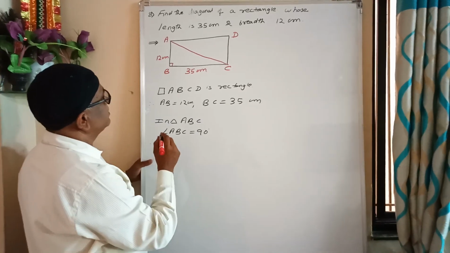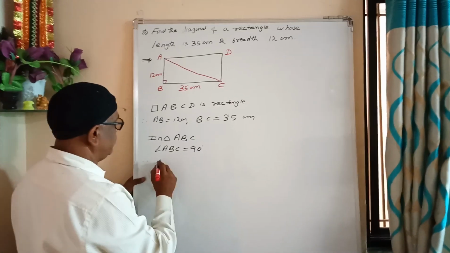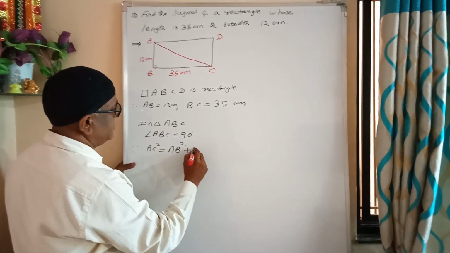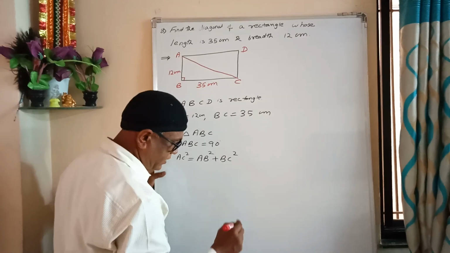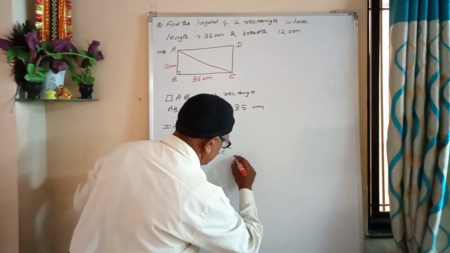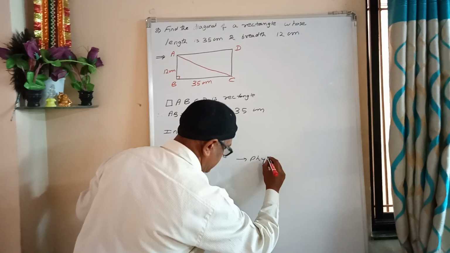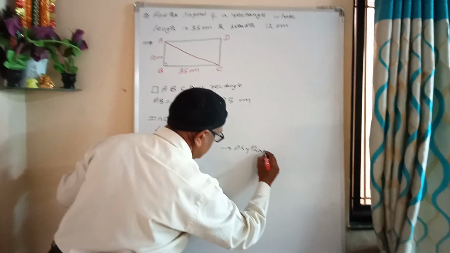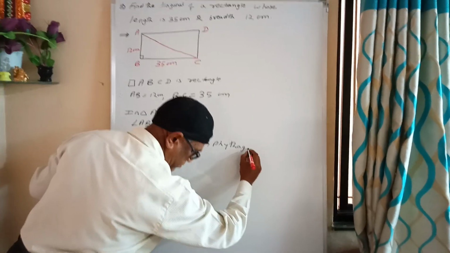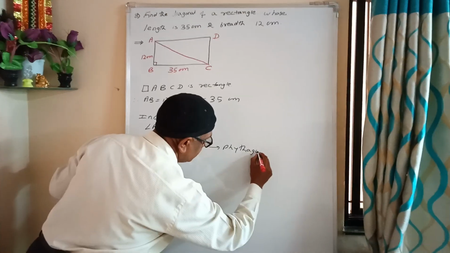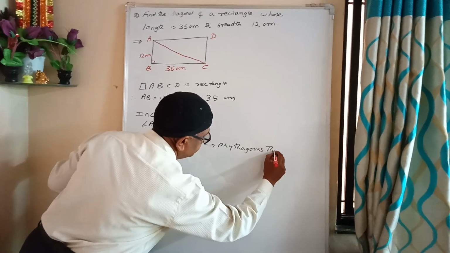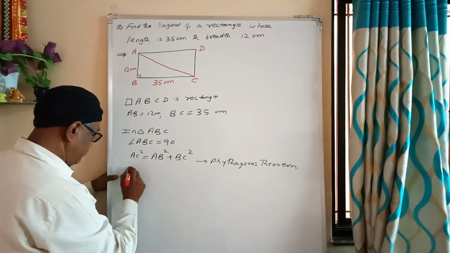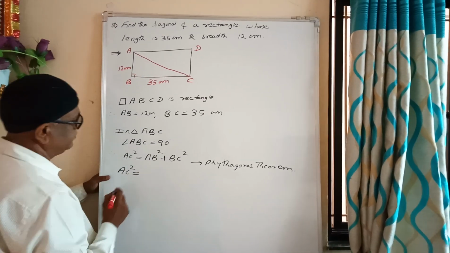Therefore by Pythagoras theorem we can say that AC square is equal to AB square plus BC square.